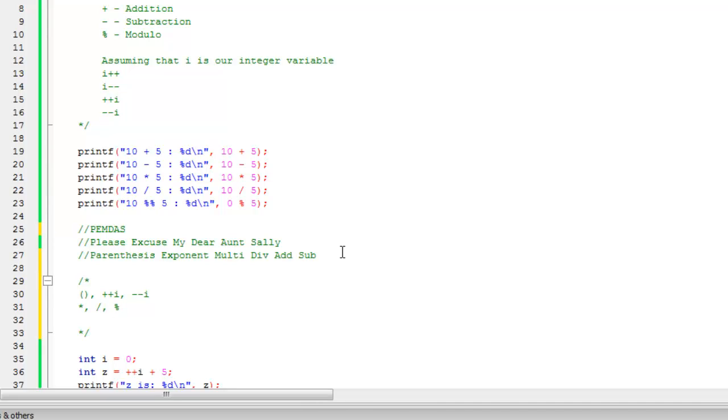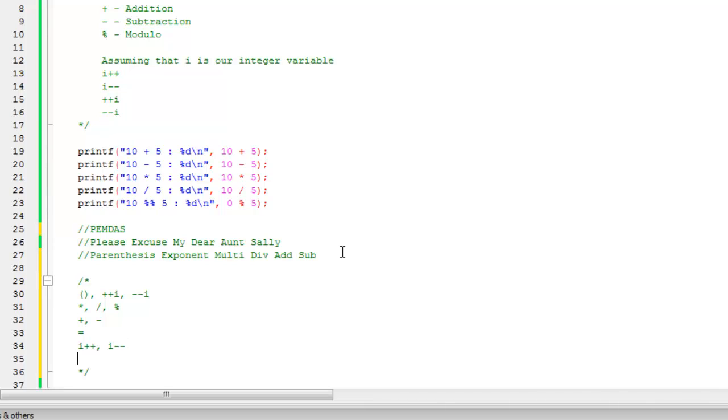These things all happen second, only to the top three. Then we have plus or addition, and we have subtraction. And then we have the equal sign or the assignment operator. This one always happens last, and the only thing it happens before would be the post-decrement and post-increment operators.